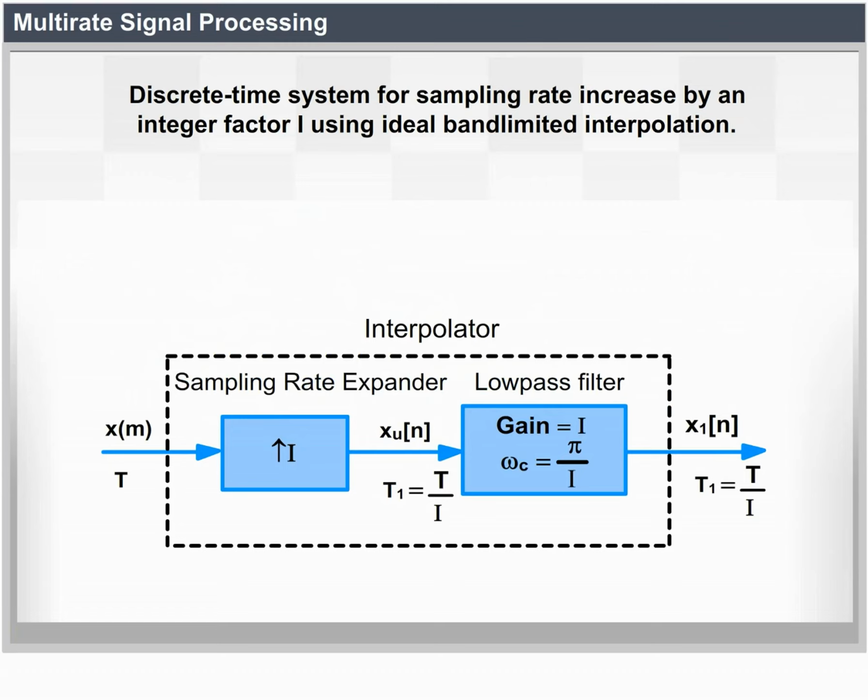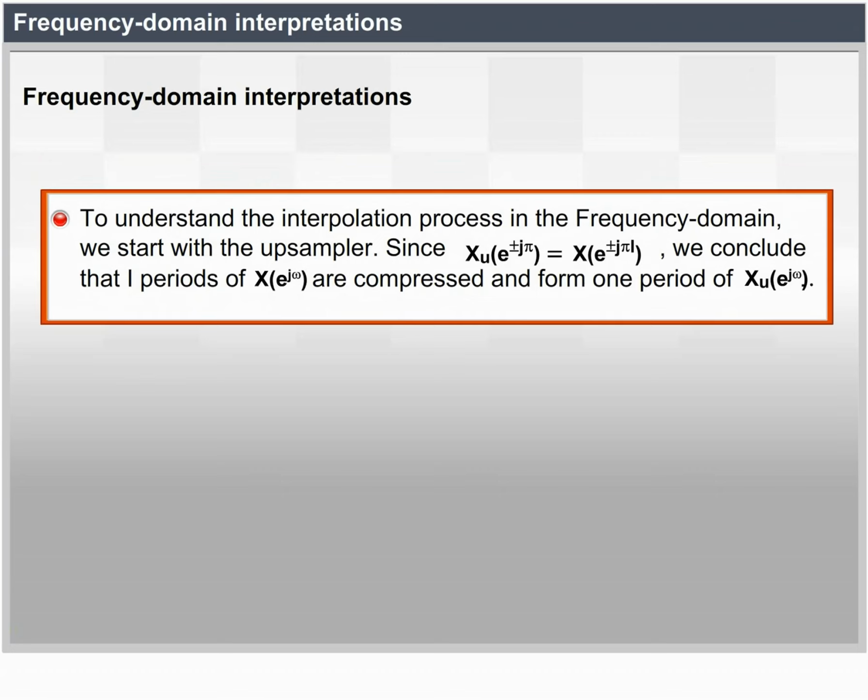Frequency domain interpretation. To understand the interpolation process in the frequency domain, we start with the upsampler, since X_u(e^{±jπ}) = X(e^{±jπI}). We conclude that I periods of X(e^jω) are compressed and form one period of X_u(e^jω).